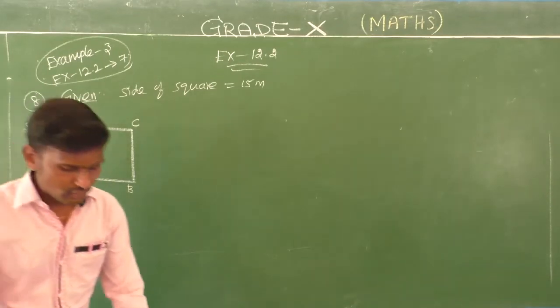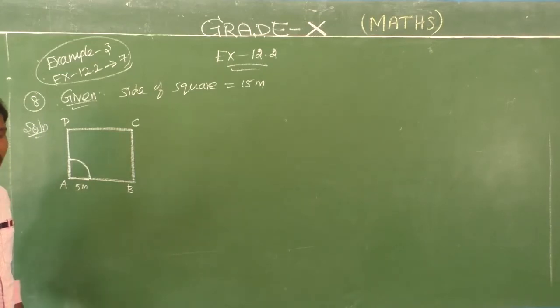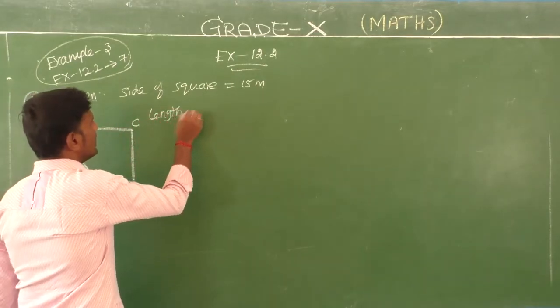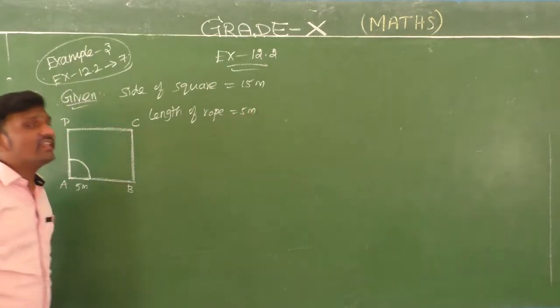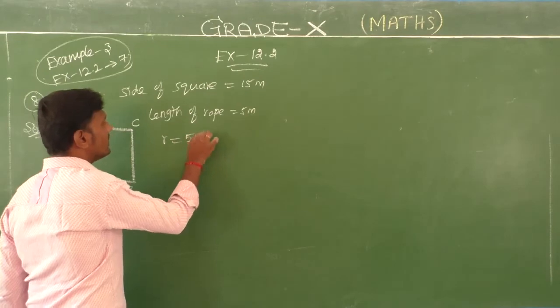Yes, students. So the question is asking you to find the area of the part of the field that the horse can graze. Yes, students. Okay. Now see, you have the length of rope, which is equal to 5 meters. So the length of rope is what we consider as the radius, r equal to 5 meters. Why?